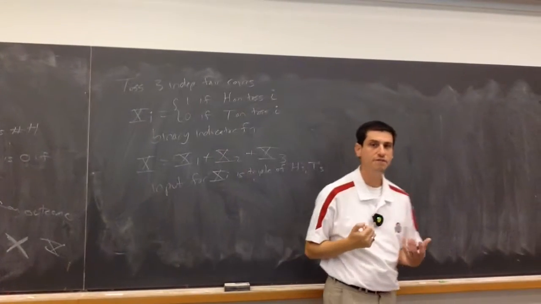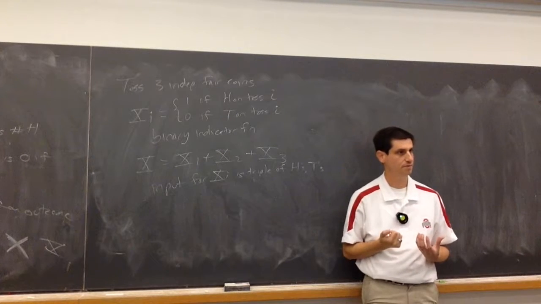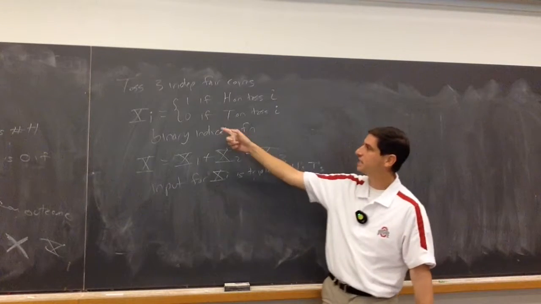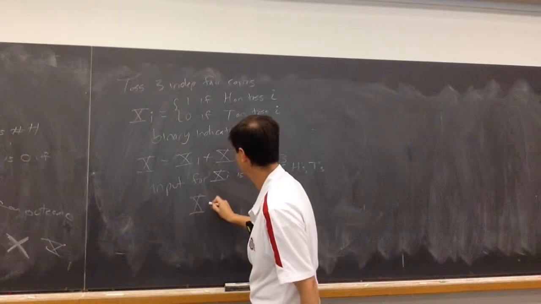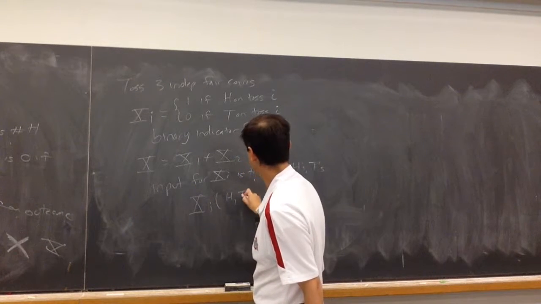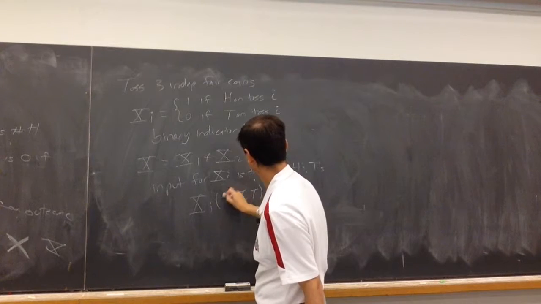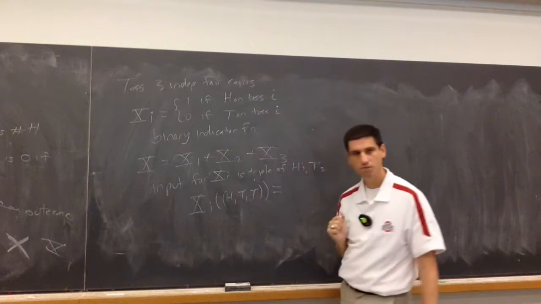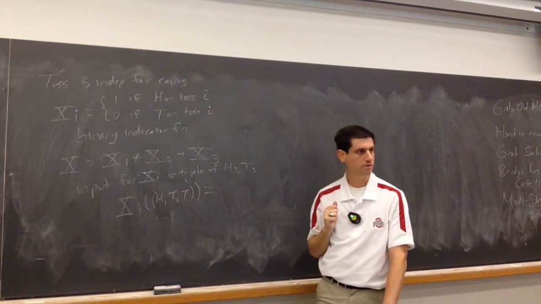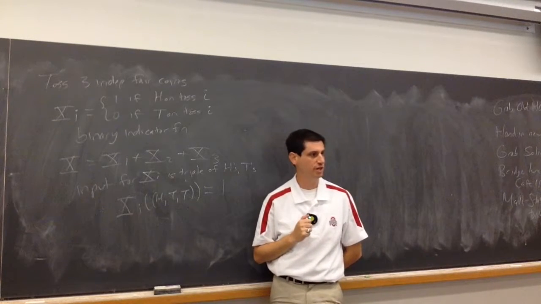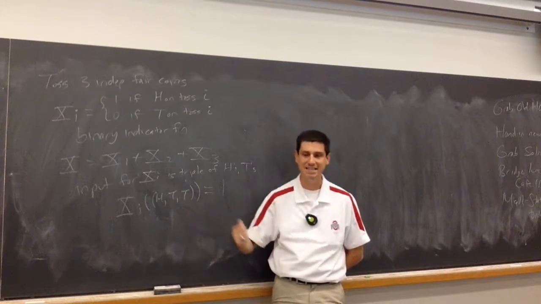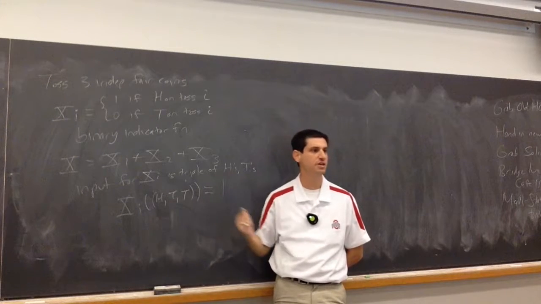I'm tossing a fair coin 3 times, and then X_i will tell you. So for instance, if I look at X_i of head, tail, tail, what would I get? 1. This is often overkill in notation, and people get lazy and start suppressing things.